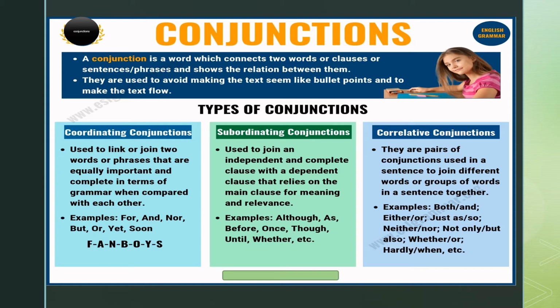Both along with and, either along with or, just as along with so, neither along with nor, not only but also, whether along with or, and hardly along with when. And there are many more such pairs of correlative conjunctions, etc.